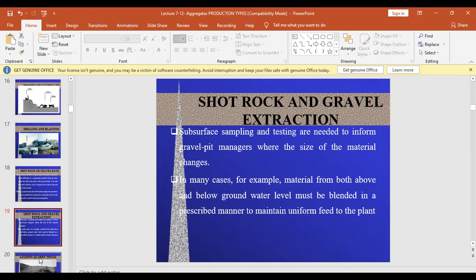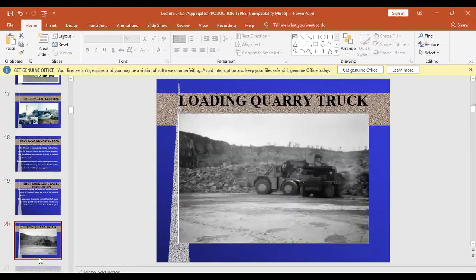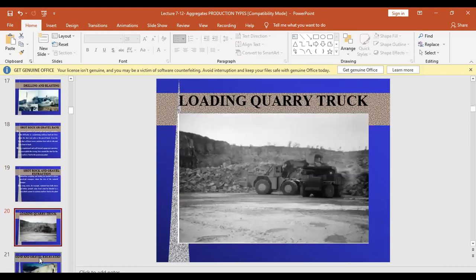For shot rock, subsurface sampling and testing are needed to inform gravel pit managers where the size of the material changes. In many cases, for example, material from both above and below groundwater levels is blended in a prescribed manner to give a uniform feed to the plant. Then there is loading quarry trucks.